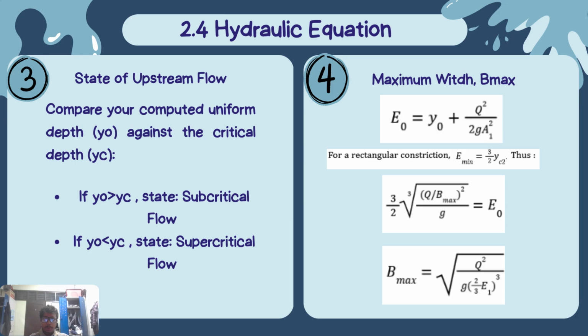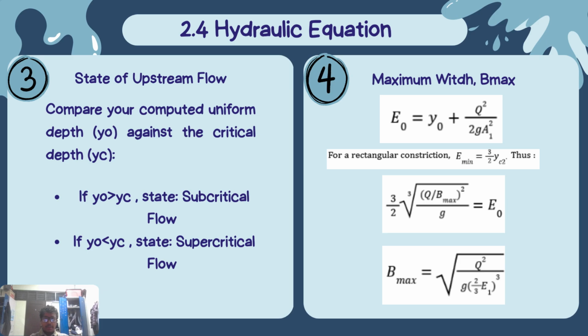Now I'm going to talk about hydraulic equation 2.4, state of upstream flow. Compare your computed uniform depth Y0 against the critical depth Yc. If Y0 is more than Yc, it is stated as subcritical flow. By the way, if Y0 is smaller than Yc, it is stated as supercritical flow.